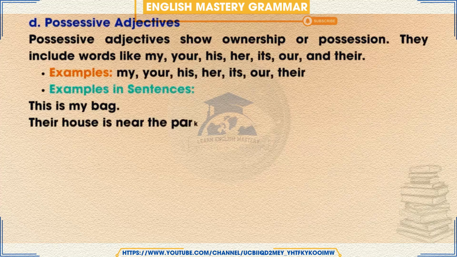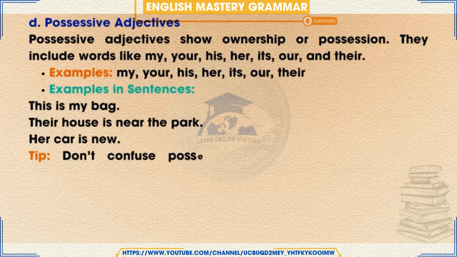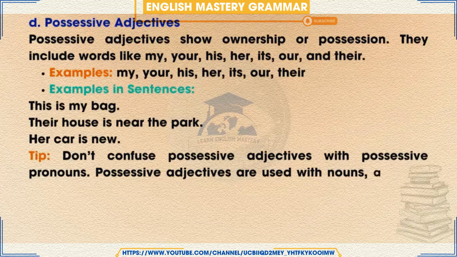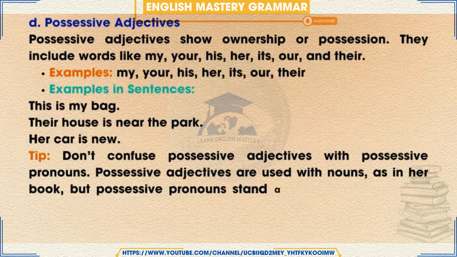Examples in sentences: This is my bag. Their house is near the park. Her car is new. Tip: don't confuse possessive adjectives with possessive pronouns. Possessive adjectives are used with nouns, as in her book, but possessive pronouns stand alone, as in the book is hers.